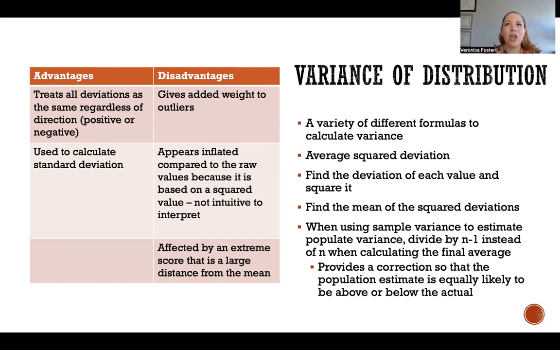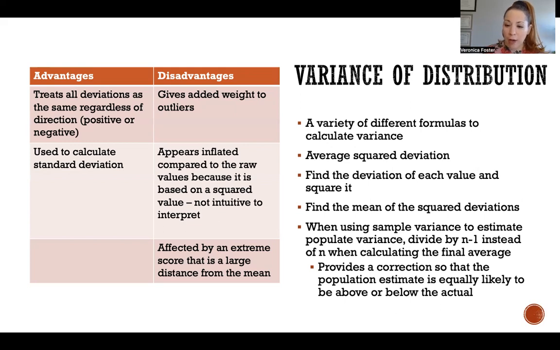So basically, when you use a sample variance to try and estimate the population, it tends to estimate a little bit off. It tends to be a little bit skewed, where there is not an equally likely chance that your prediction is above or below reality. We want there to be an equal chance in either direction so that it's not biased.